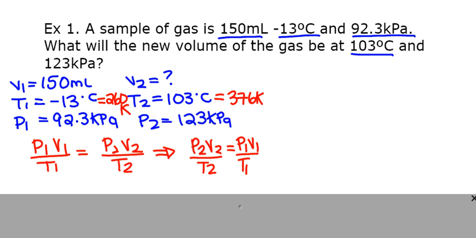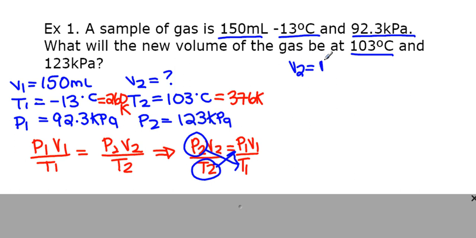And now when I rearrange my formula, I want to get V2 by itself. So T2 is going to move up to the numerator, and P2 is going to move down to the denominator. So my rearranged formula will look like this.